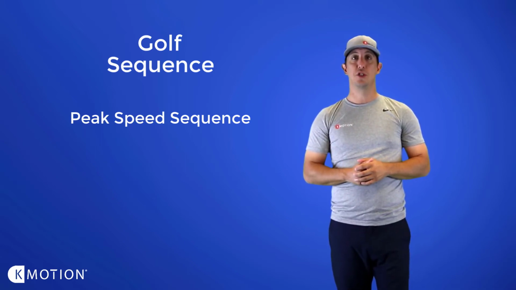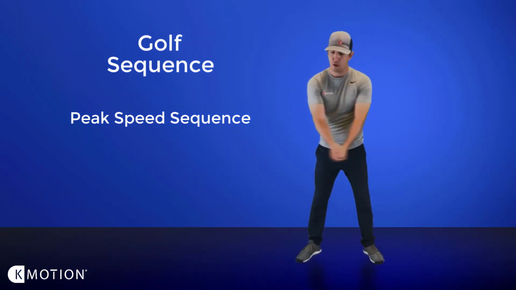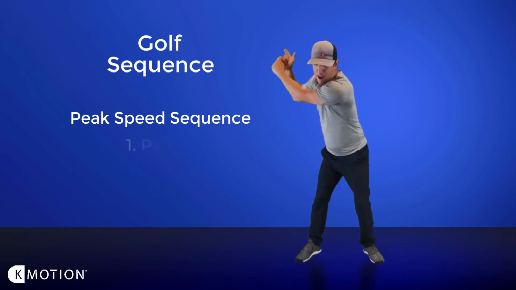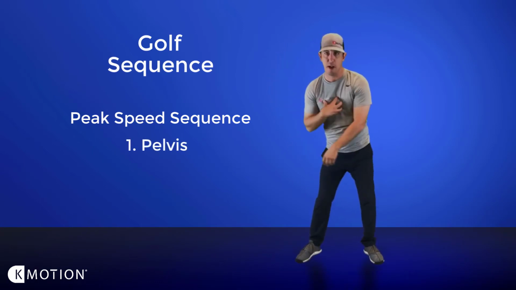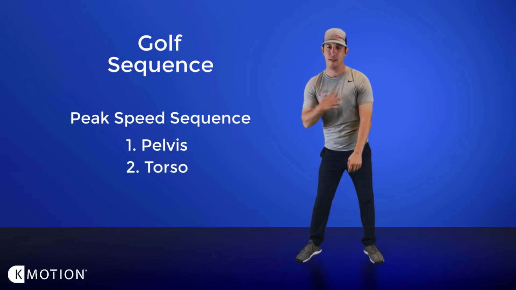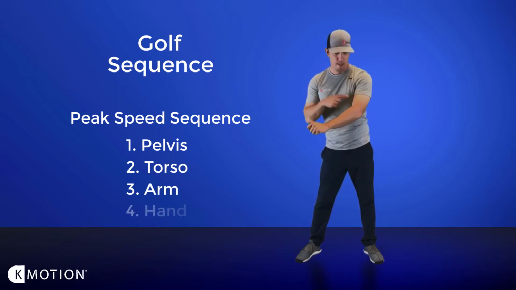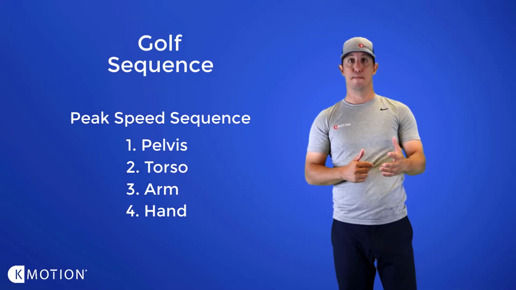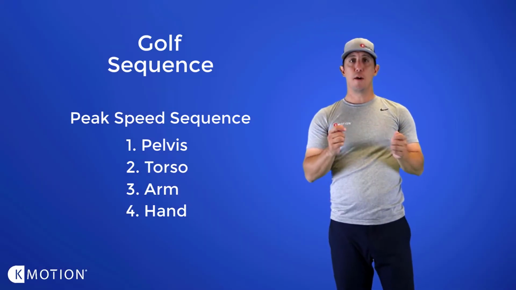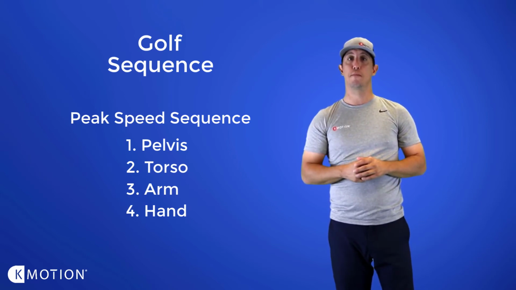Again, we want to see a 1, 2, 3, 4 sequence, meaning after I've changed directions, my pelvis reaches its peak speed first, then it starts to decelerate as my torso reaches its peak speed, then that starts to stabilize as my arm reaches its peak speed, and then finally that'll stabilize so that the hand can peak just prior to impact. We'll talk about in the next video what issues we commonly see when this gets out of order.